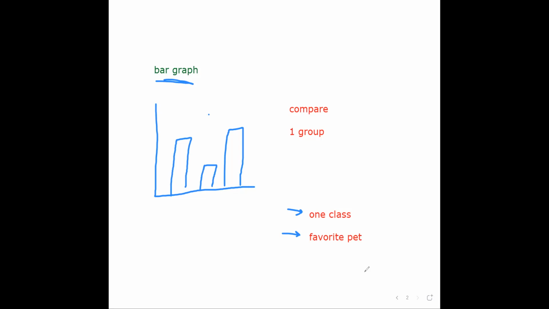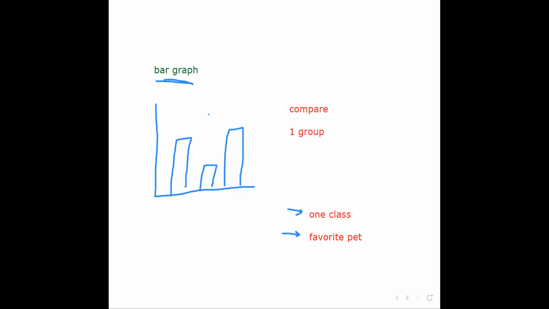I use it if I want to compare things, like which one is your favorite pet, which one is your favorite color, your favorite sport, your favorite food, your favorite season, your favorite subject, your marks. Look, I'm just comparing only one thing. When I compare only one thing for one group, that means I will use the bar graph.